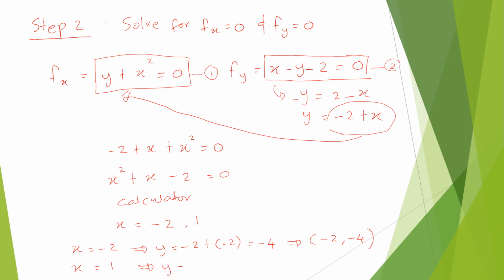Okay, so y equals to, substitute into here, -2 plus 1 equals to -1. So the critical point is 1, -1. Okay, so we have already located our critical points here.